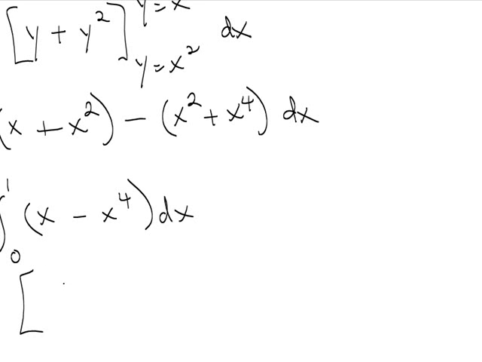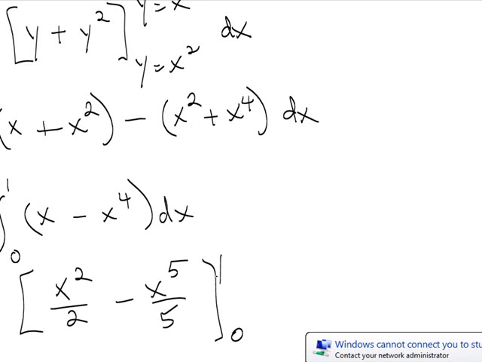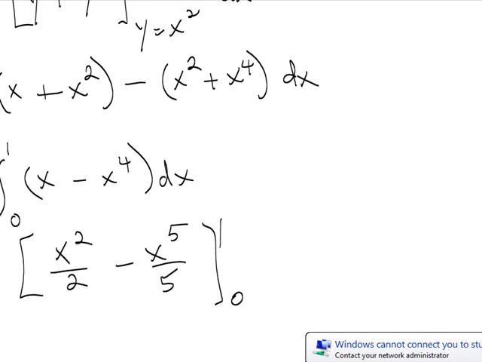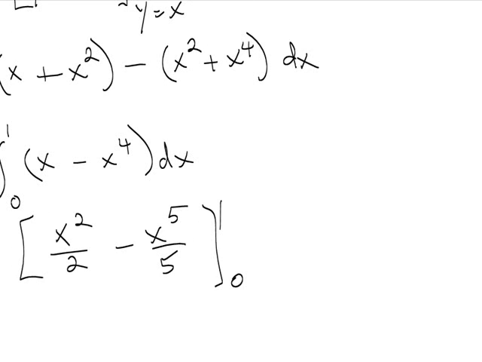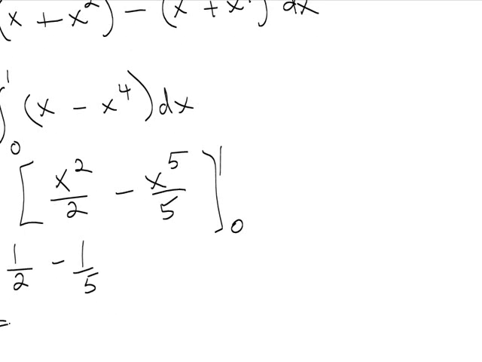which is equal to x squared over 2 minus x to the 5th over 5 from 0 to 1, which ends up being a half minus 1/5, which is equal to 3/10.